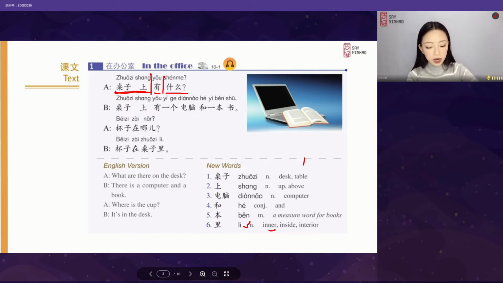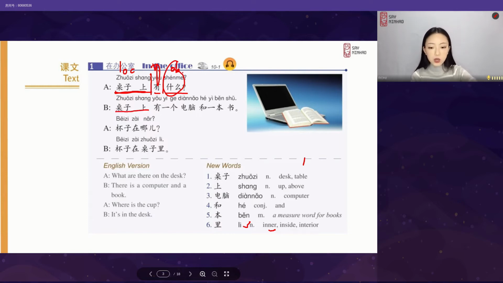So we can see here, first is the location, and then there is a verb, and then there is an object. On the location, there is something. This is the structure of how to express something on something.